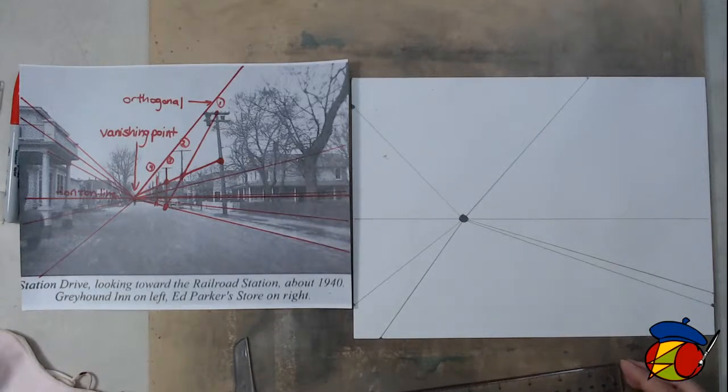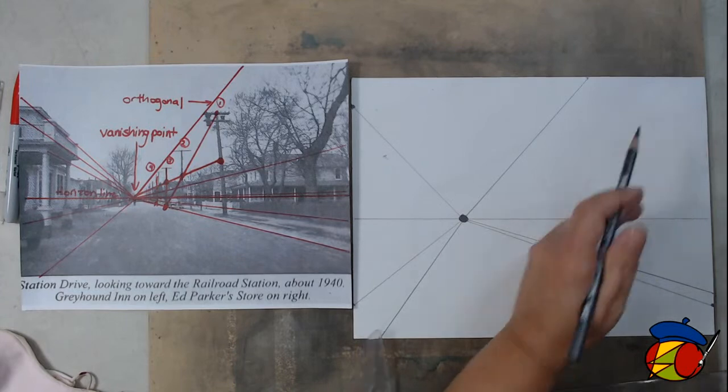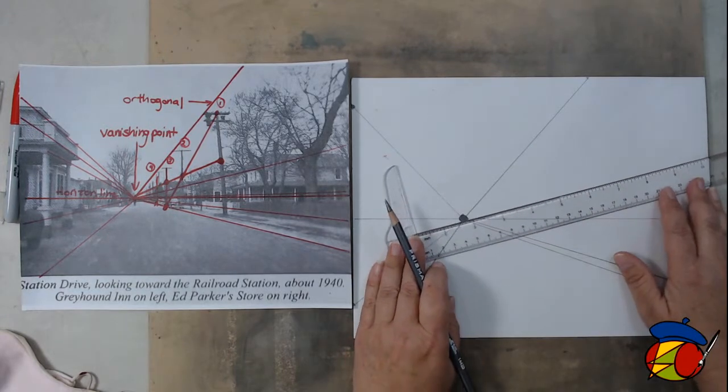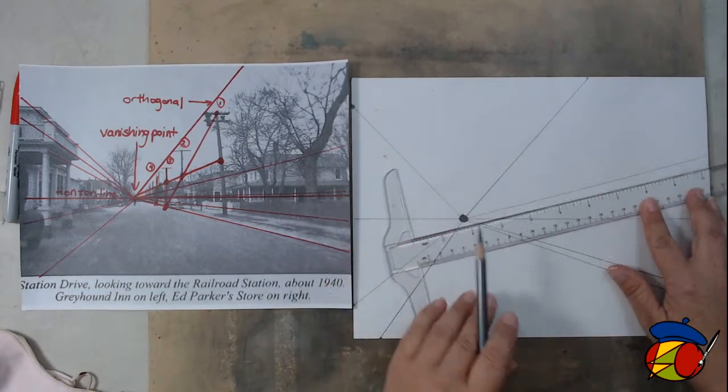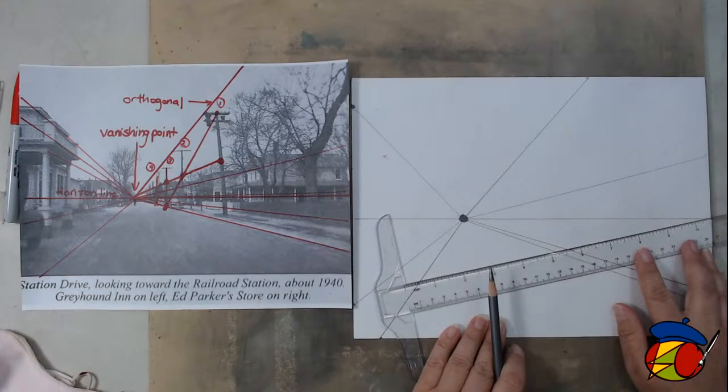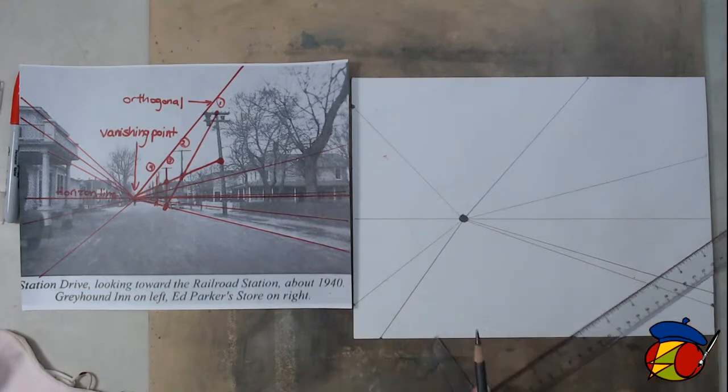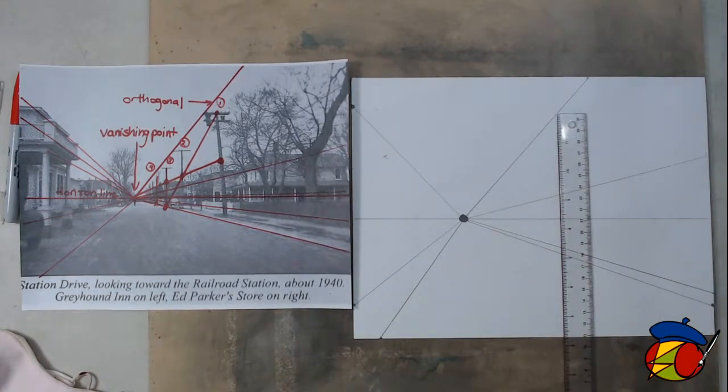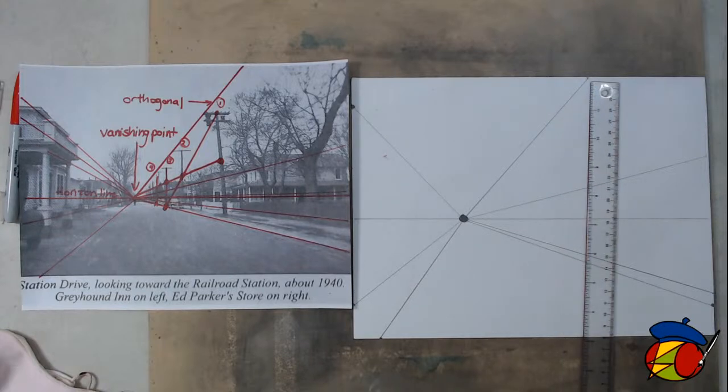Let's see. So I have the roof line. The bottom of the roof line of those buildings is about here. But actually I don't want to draw too many more things in because I want to make sure that I get those telephone poles in there.